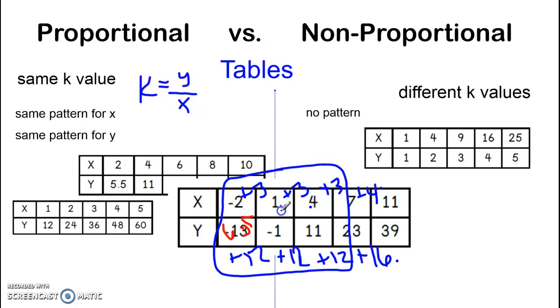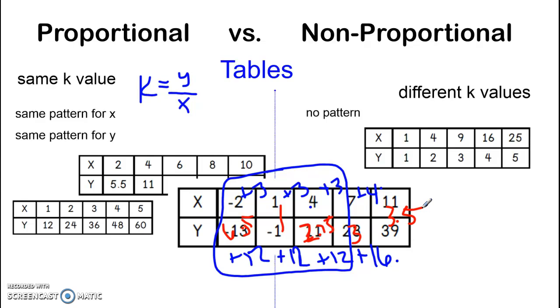But then 1 divided by 1 is 1. 11 divided by 4, 2.75. 23 divided by 7, that's a 3 something, and then 39 divided by 11, I don't think it matters what we get because it's going to be way off, 3.5.